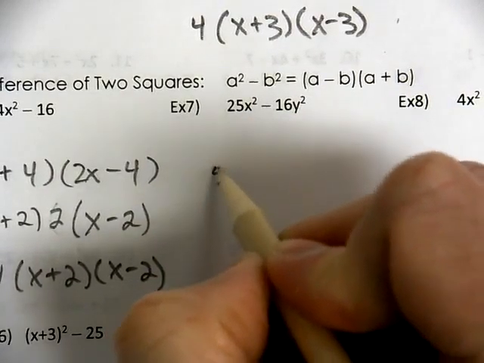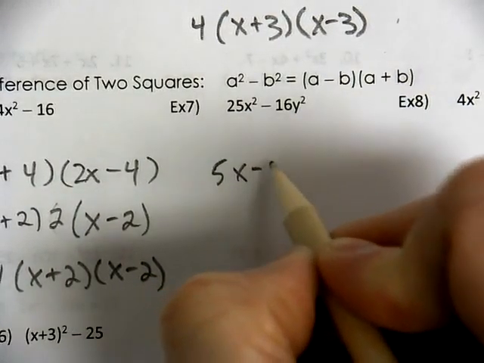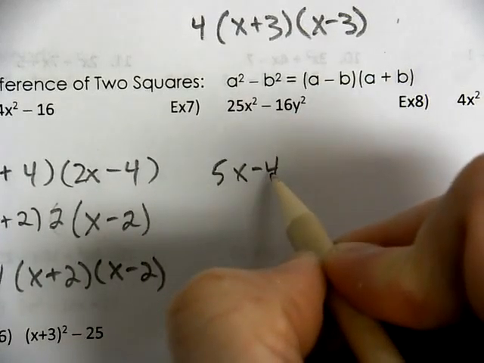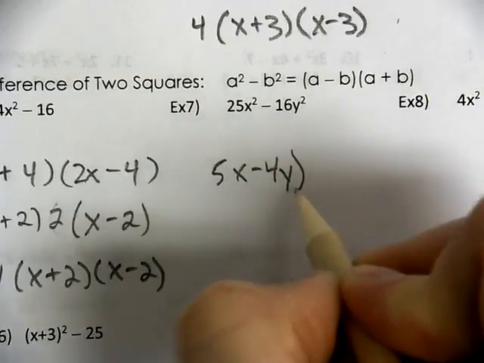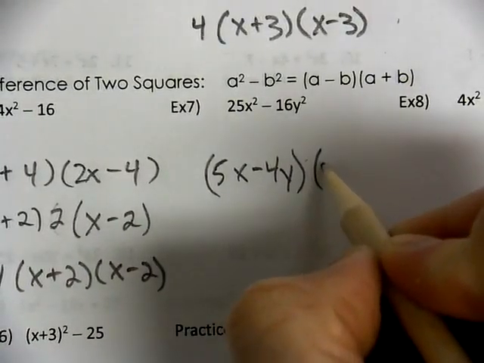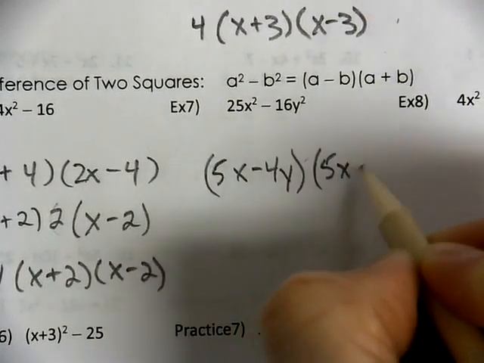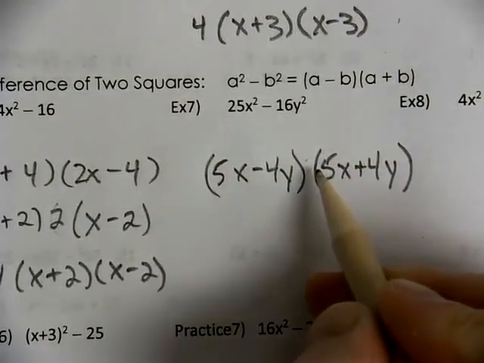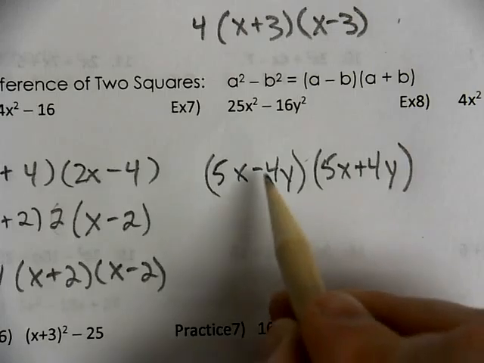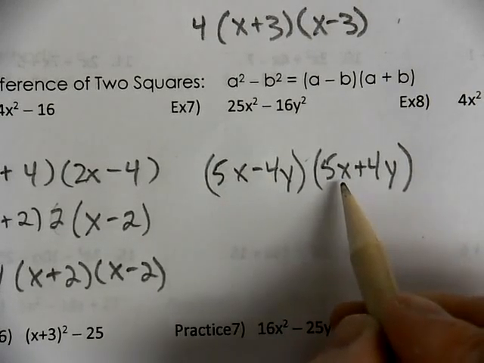Square root of 25 is 5. Square root of 16 is 4. And the square root of y squared is y. So it's okay to have two variables there. And what's inside the parentheses is going to be exactly the same, except the signs will be opposites.